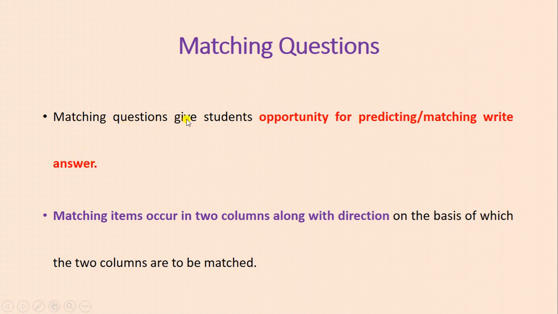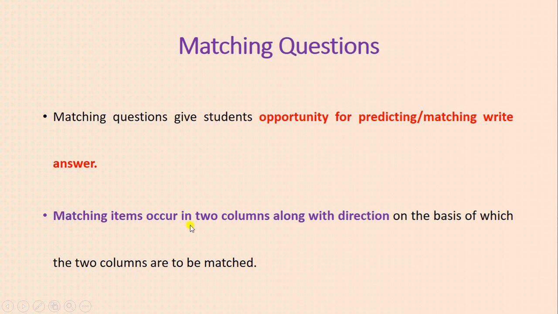Matching questions give students an opportunity to predict and match the right answer. By predicting and matching, students write the answer of the question. So matching type questions are very interesting questions.